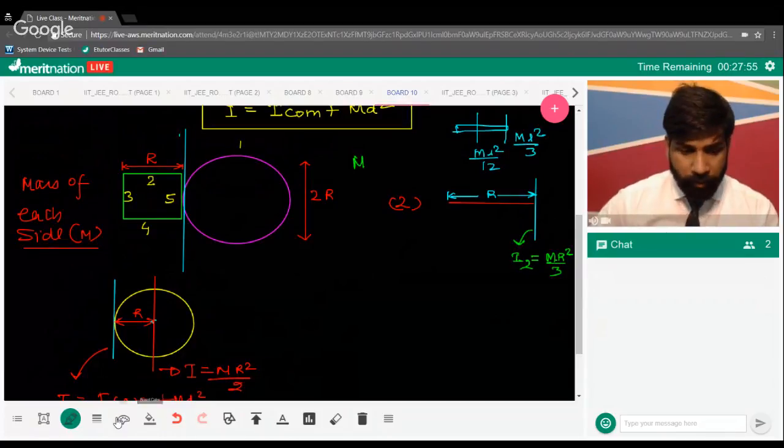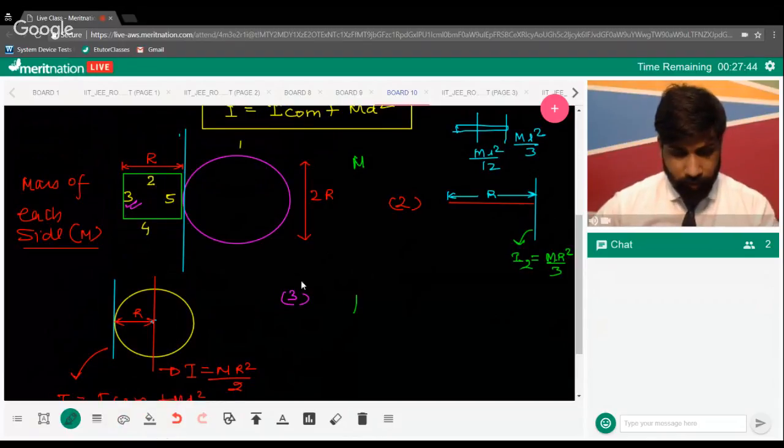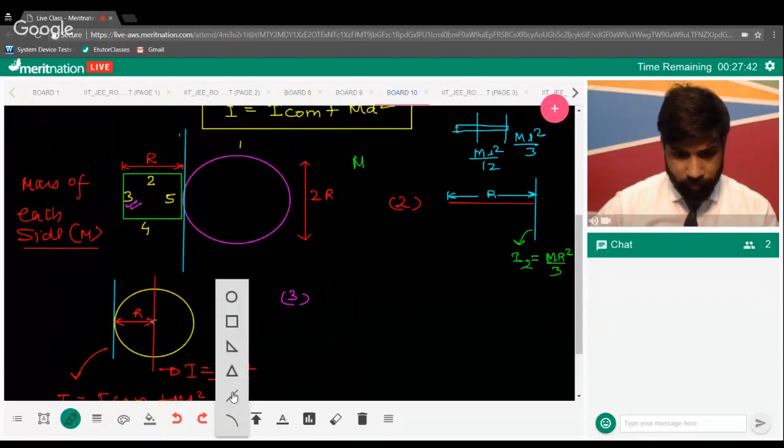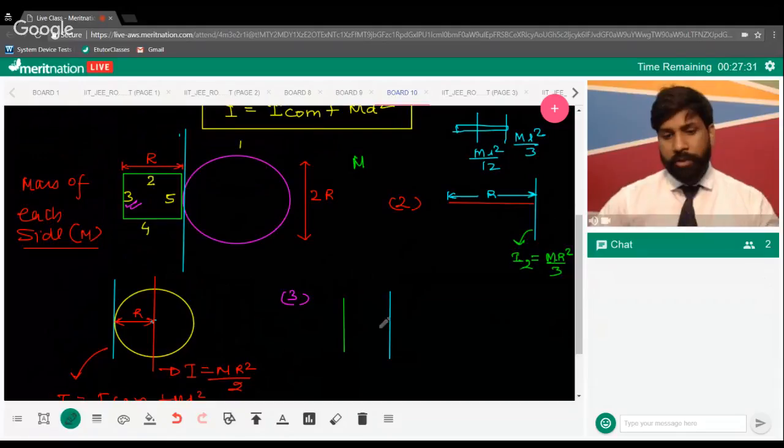Now move on to the third part. I'm talking about this one, this side. This is the axis, and we have to calculate the moment of inertia of this rod about this blue color axis. So my dear students, see here, the perpendicular distance between this blue color axis and this rod is what?